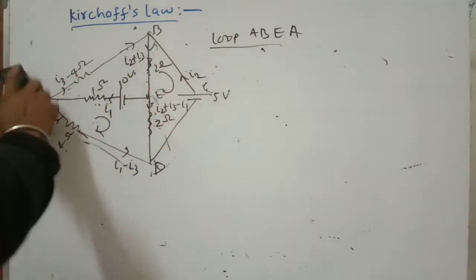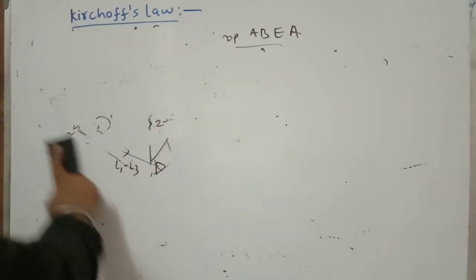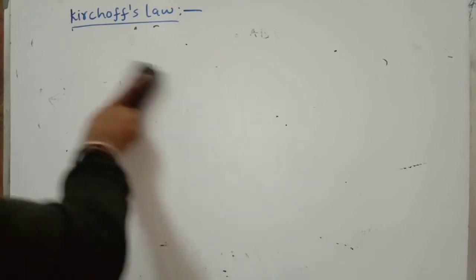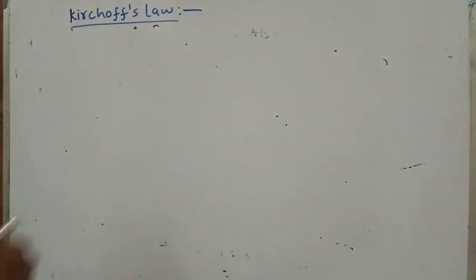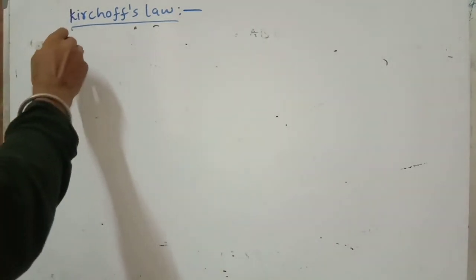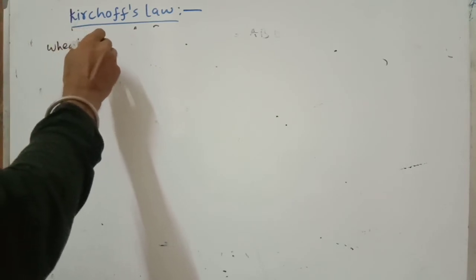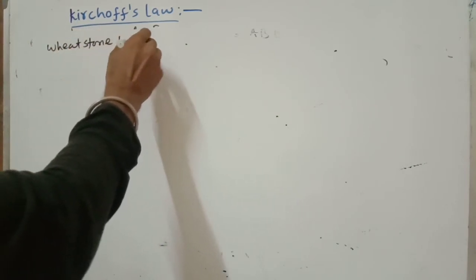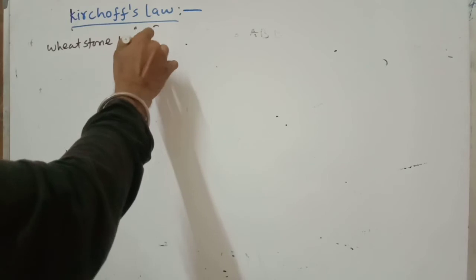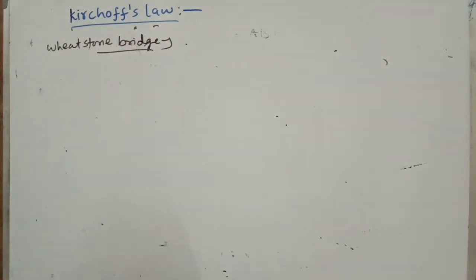So now I am going to explain Wheatstone bridge. What is the Wheatstone bridge? Wheatstone bridge is a group of resistance, a device, an arrangement of resistance, where you can find the value of an unknown resistance.